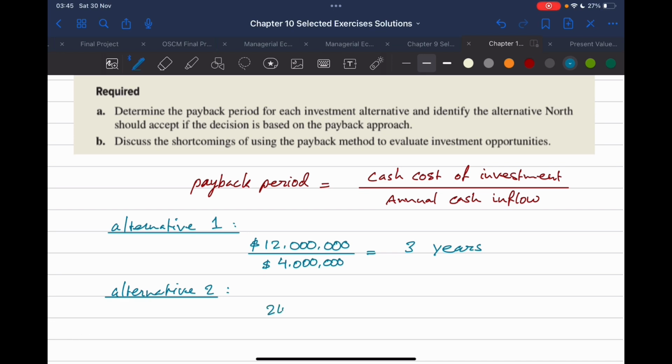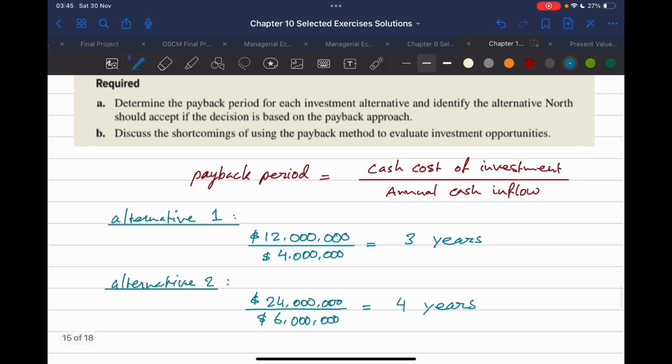So we're going to say 24 million divided by $6 million. Okay. 24 divided by 6, that's 4 years.